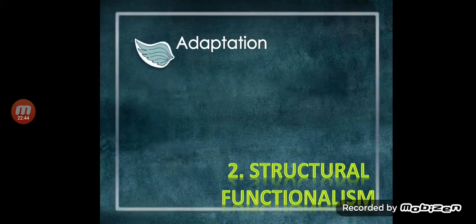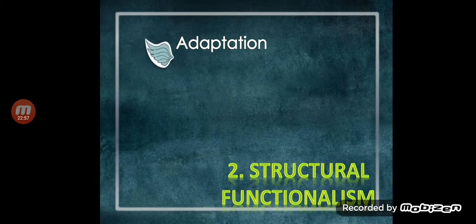And we need these 4 functional imperatives in order to perform the action system. Now let us begin. Our acronym is AGIL. A-G-I-L. AGIL. Let us start from letter A, which is adaptation.